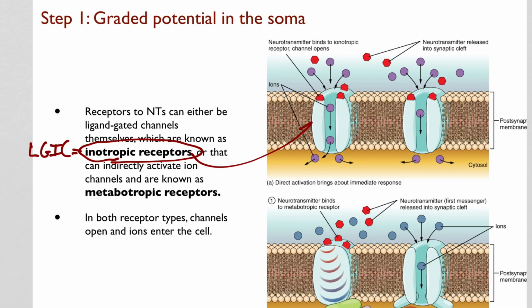The receptor is the ion channel, and so as soon as the neurotransmitter binds to it, the ion channel opens, and ions flow through. And remember, the neurotransmitter itself, that's the red hexagons in this picture, they're not actually making it into the next cell. It's the ions that make it into the cell. And so neurotransmitter binds, channel opens, ions flow through.